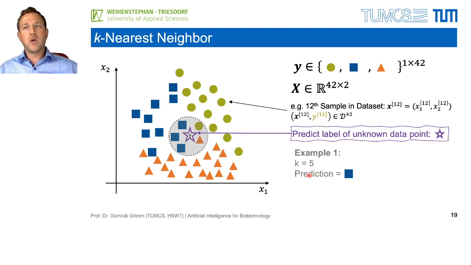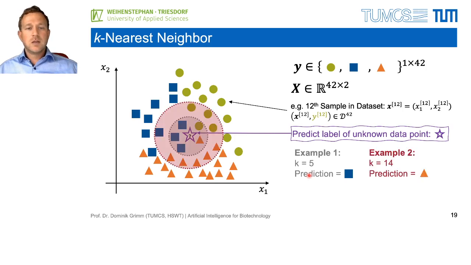However, if we now look, for example, at k equal to 14, then we try to find the 14 closest points to my star, which in this case are the following points.